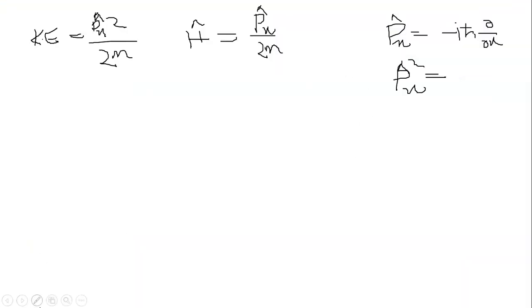Here px square will be minus h cross square del square by del x square, because minus i into minus i is minus i square, and minus i square is, sorry, plus i square, so i square is minus 1.